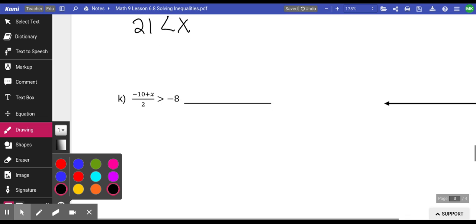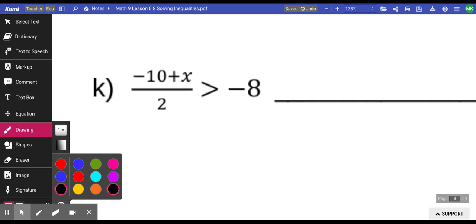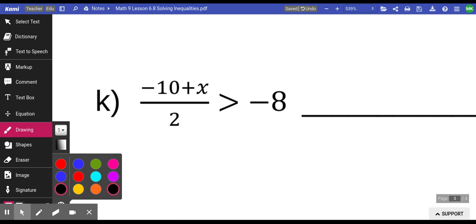Awesome. If we look at K, this is a unique situation where we have a fraction where there's multiple things going on in the fraction. The way we handle this, when we have a numerator that's a binomial and it's not a monomial, we pretend that there's brackets around it.